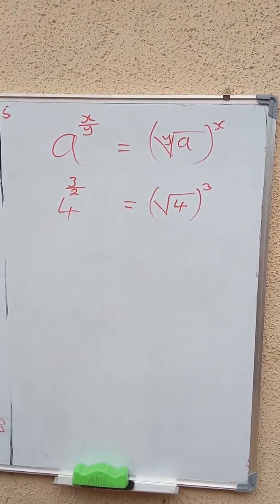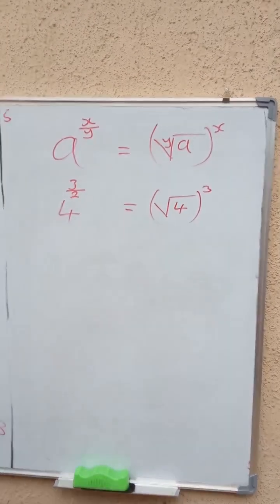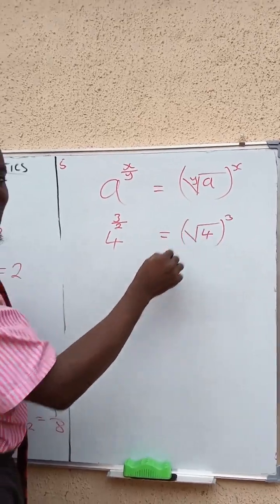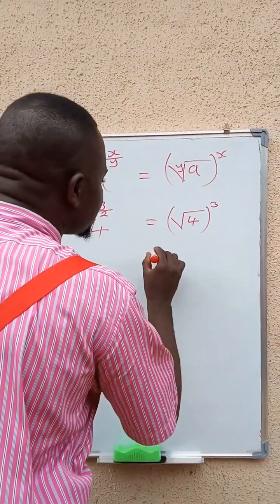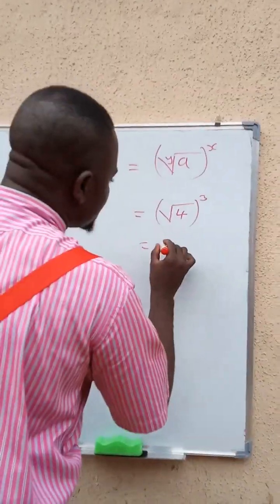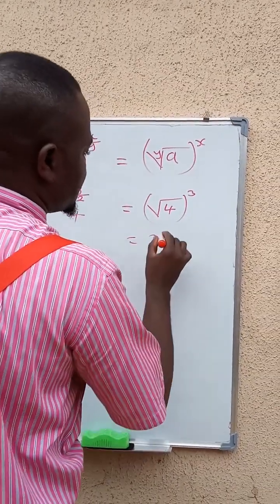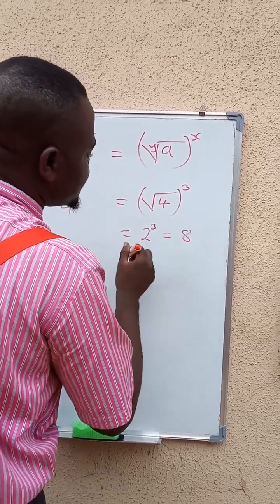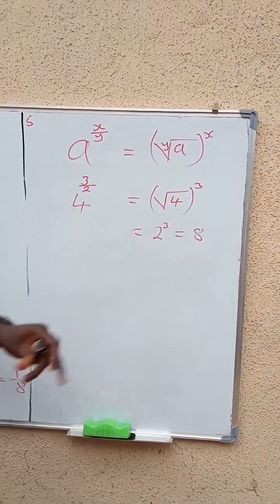Now listen, I do not write 2 here because 2 itself is the root, so you don't put 2. So this is the same thing as the square root of 4, which is 2, raised to the power of 3, which is 2 times 2 times 2, which is 8.